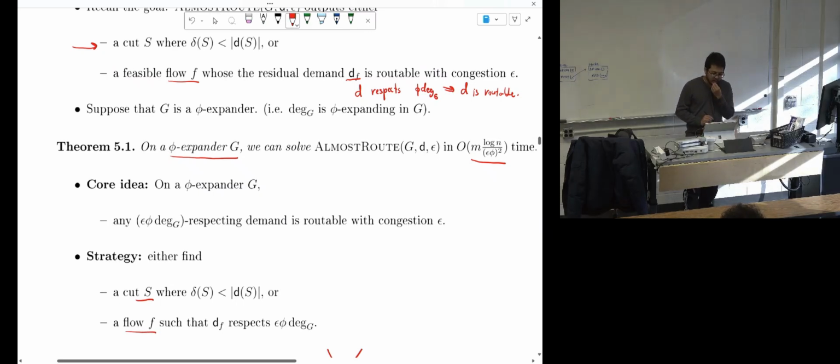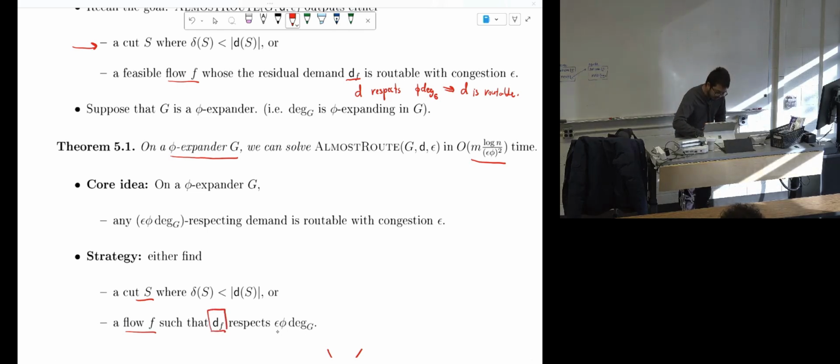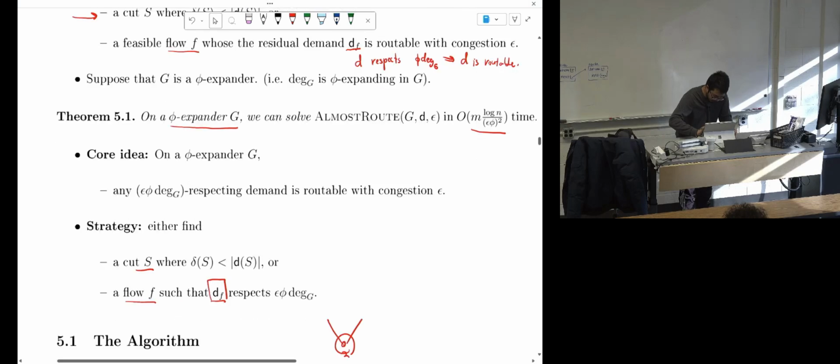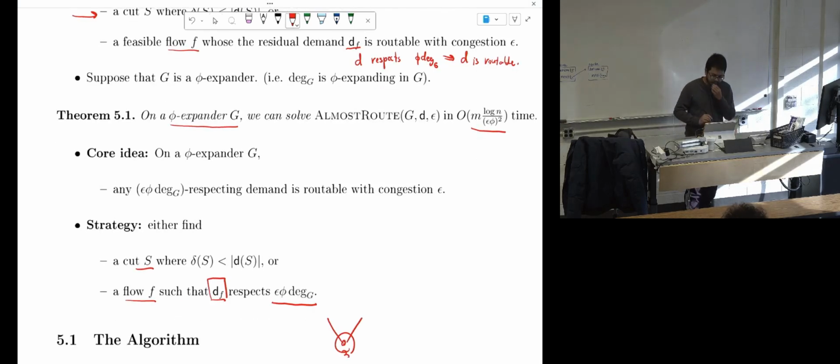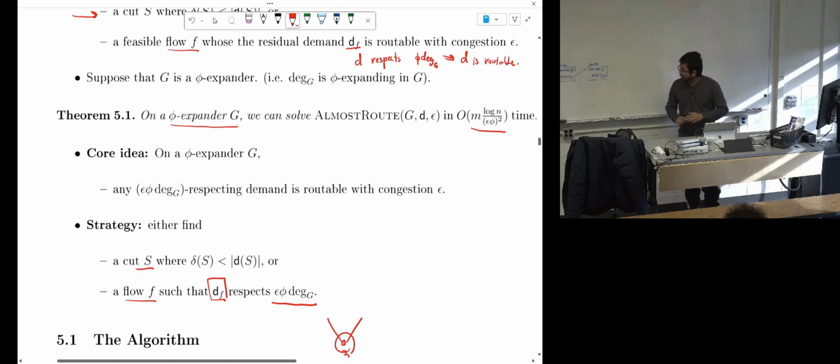And we want to find the flow such that the residual demand respects this thing.